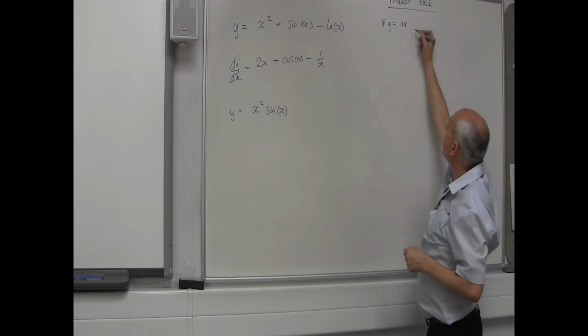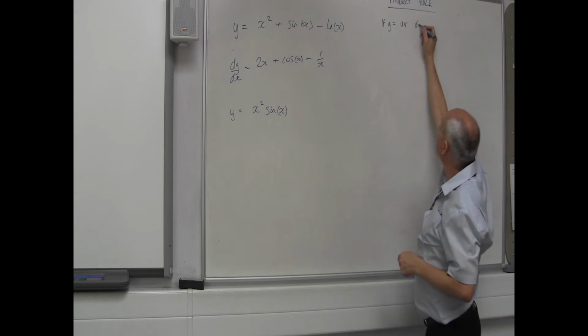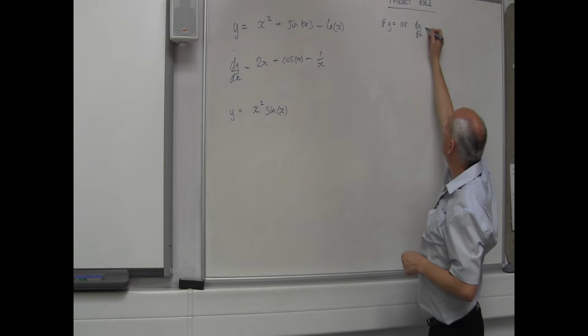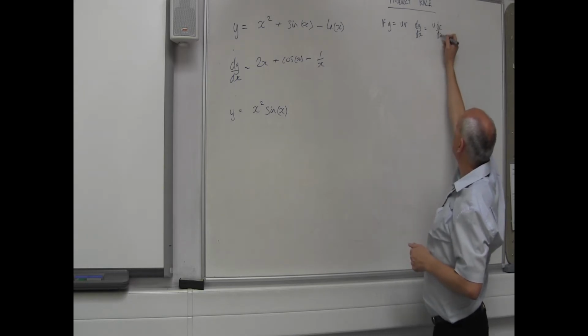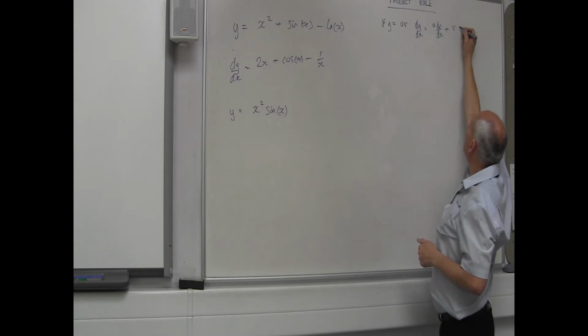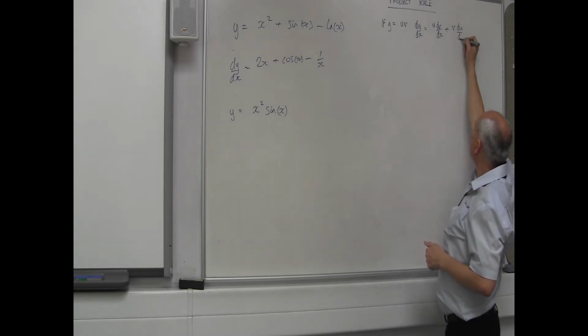So something times something, then dy dx would be u dv dx plus v du dx.